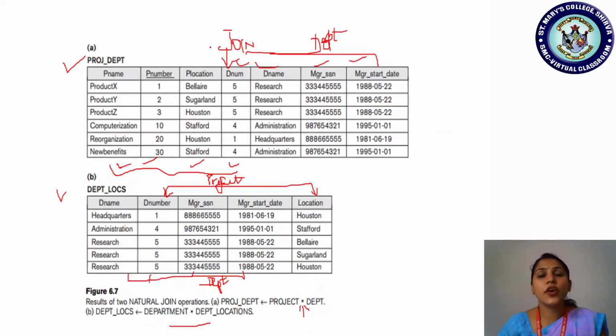Whereas in natural join, we keep common those attribute names which we are using to join. So when the attribute names are kept common, there is no need to explicitly write the join condition in natural join. Automatically the attribute names which are common in both the relations, the values which are matching, only those tuples will be what?